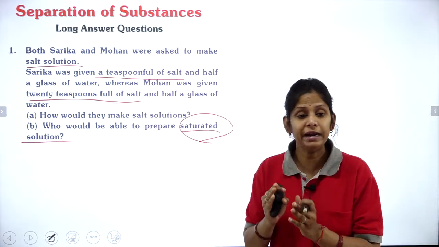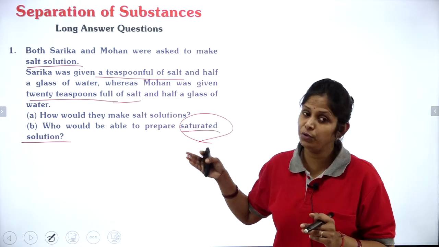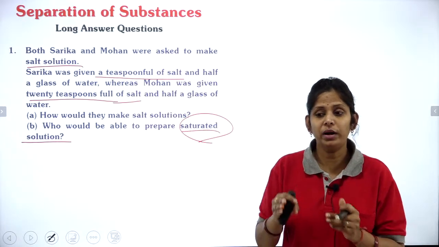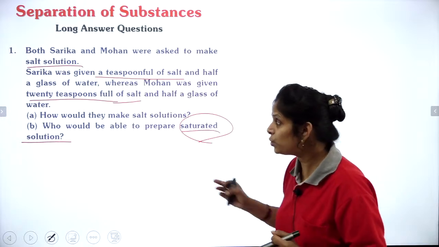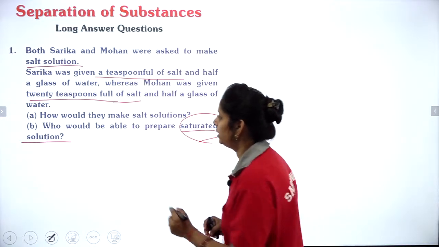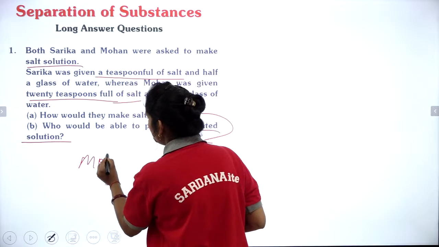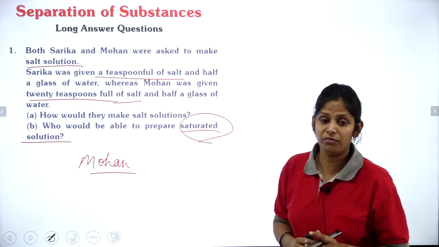It means you can't add more solute in a solution. If you add more solute, it will appear as precipitate. Clear? So who would be able to prepare this one? Obviously Mohan. Yes, Mohan would be able to prepare this solution. Why?